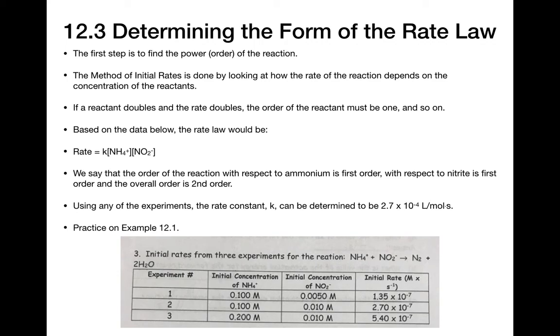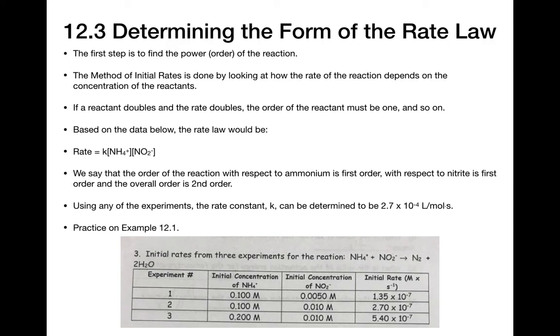And that means we have moles per liter to the minus 1, which means we have liters over moles per second. So you can work it out with the units using this equation here and show yourself that the units would come out to be liters per mole per second, and that the numerical value of k would come out to be 2.7 times 10 to the minus 4.